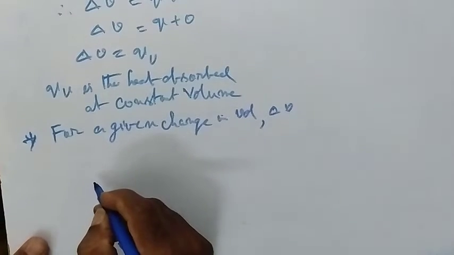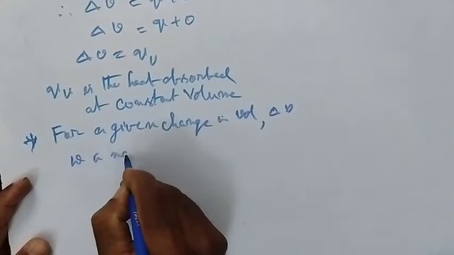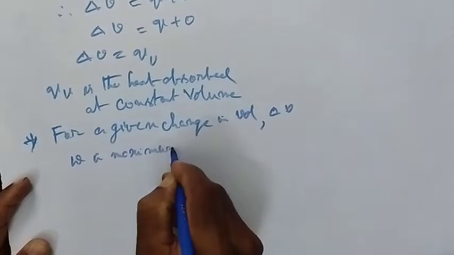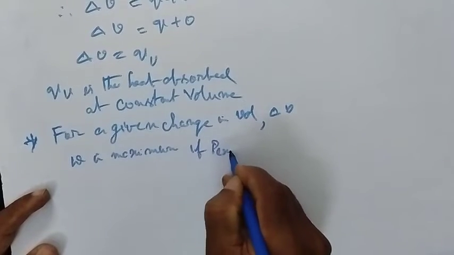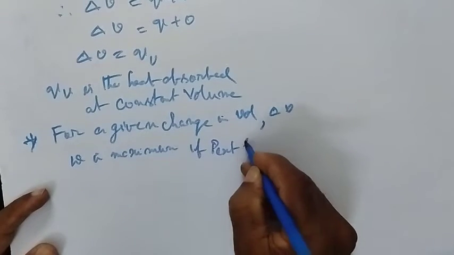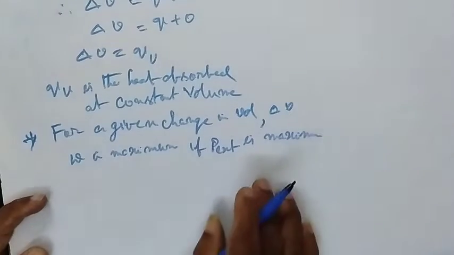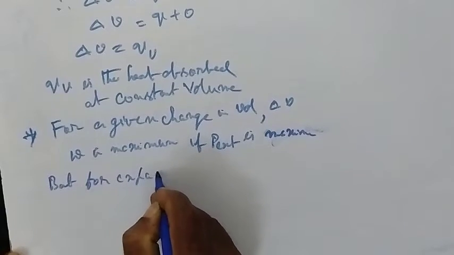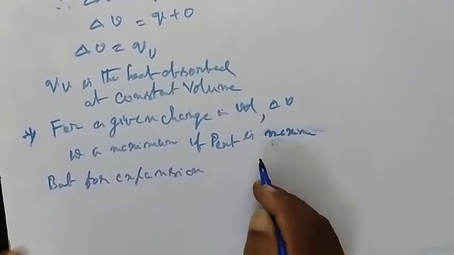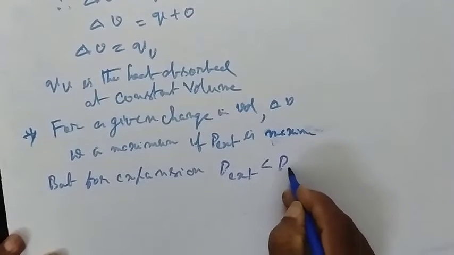For a given change in volume delta V, W, that is work done, is maximum. The work done is maximum if P external is maximum. But for expansion, P external is less than P internal.